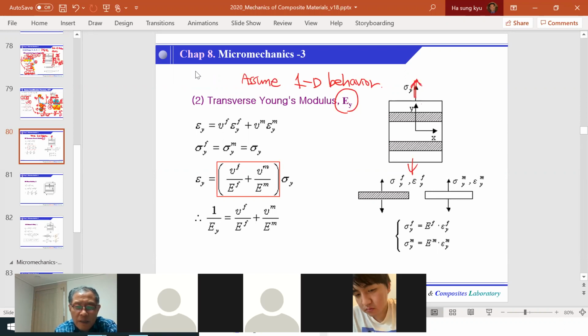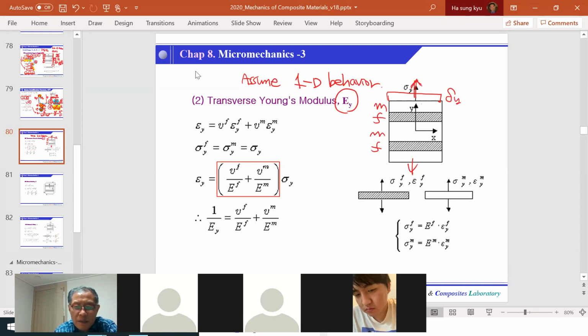Fiber and resin. This is the resin and fiber, and resin and fiber, and so on. They are connected in series like that. And the deformation we have under this, say this is the delta y.